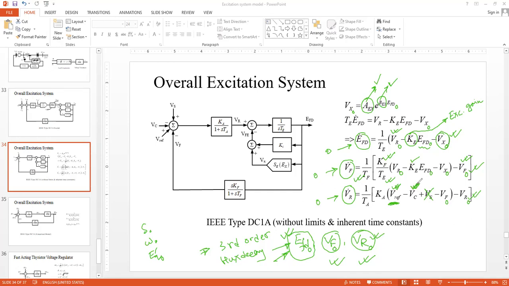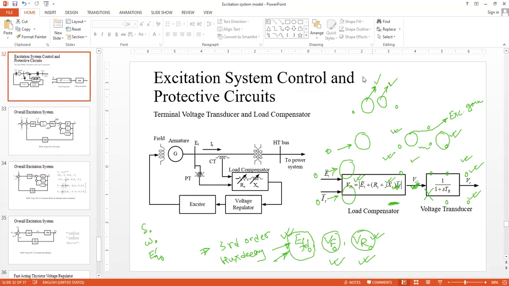In steady state, if we assume TR is approximately equal to 0, VC1 and VC would be exactly the same, because in steady state there won't be any effect of the Laplace variable. So VC1 would be exactly VC.